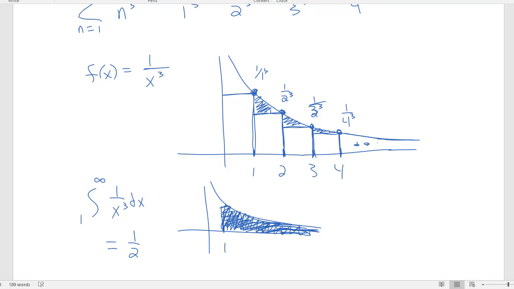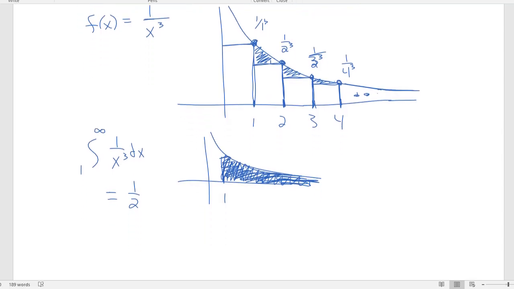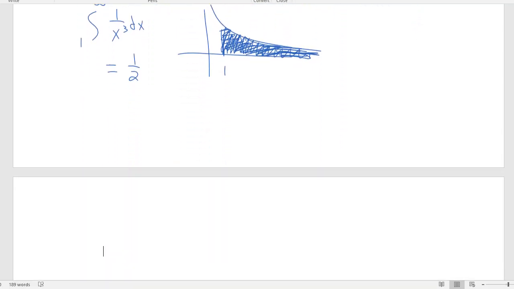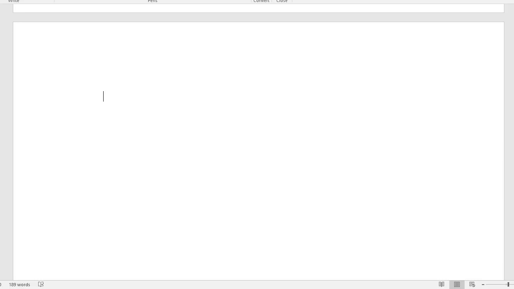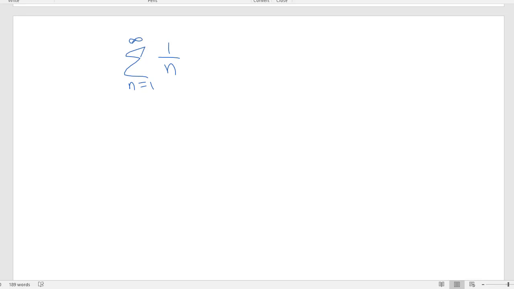Now, we could have the same conversation for 1 over n. So let's take a look at that one as well, and talk about how that would look visually. So we're looking at, in this case, the sum of 1 over n, where n goes from 1 to infinity. Now in this scenario, remember we are connecting to the function 1 over x.